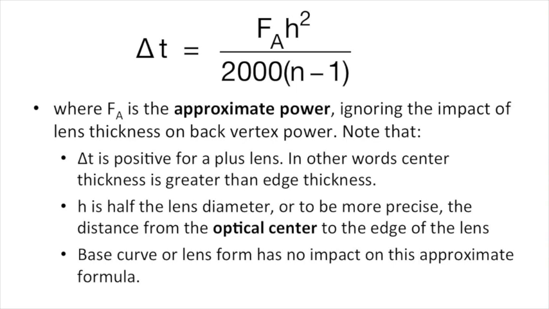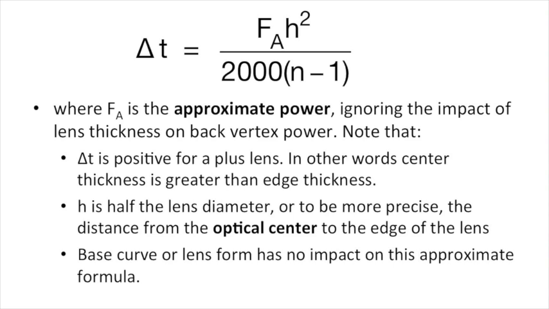But we need to apply a huge dose of common sense, because if we're dealing with a plus lens, we know the center's thicker. If we're dealing with a minus lens, the edge thickness is thicker, and we don't need to get too bogged down with sign conventions and such like.